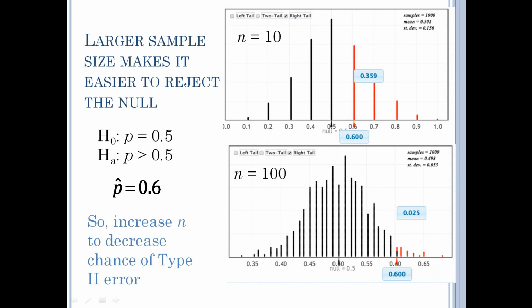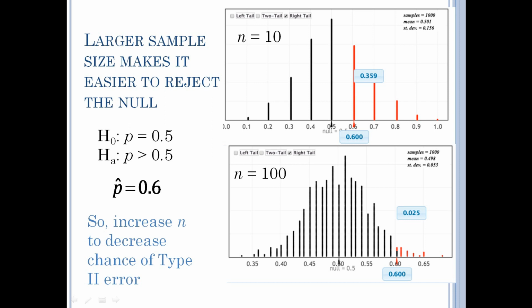So in this case, you have the null hypothesis proportion equals 0.5, and the alternative is saying that the proportion will be greater than 0.5. This is a right tail test. This is the randomization dot plot, and the sample statistic p hat equals 0.6. Now, when you use a small sample size, you will have a very less diverse situation.